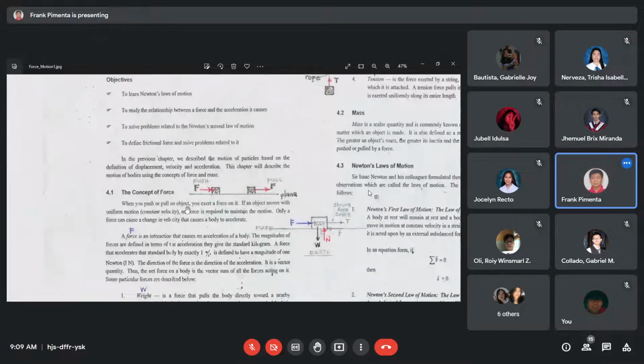What is force? It says here, push is to push, and pull is to pull. So if you push or pull an object or a body, you exert force F on it.